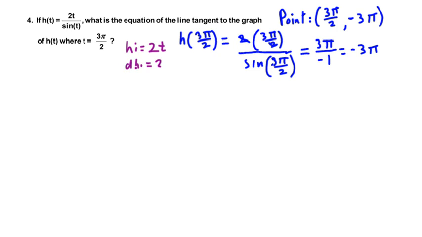And for the low function, we have sine t, and the derivative of the low function is equal to cosine t.